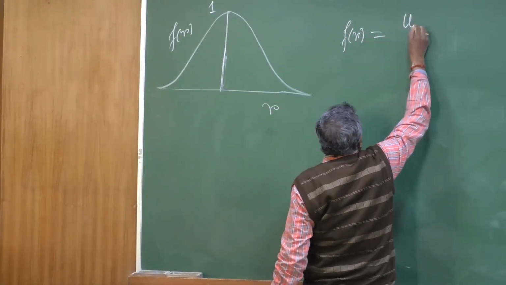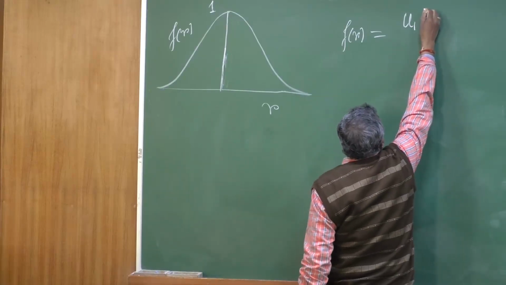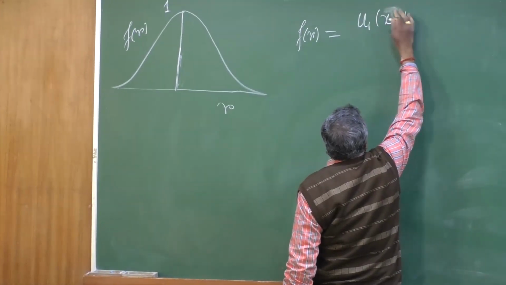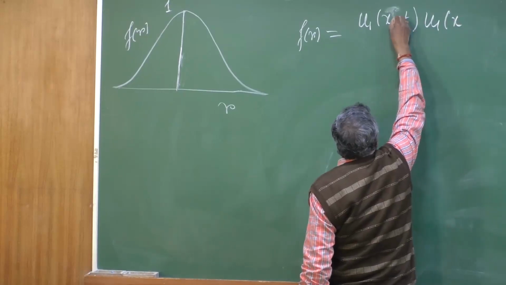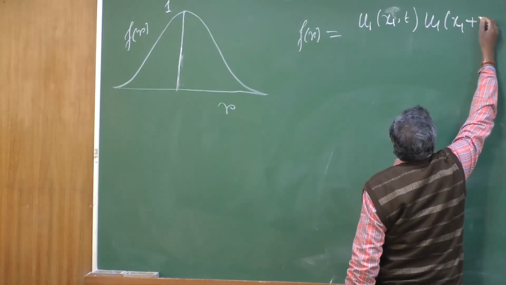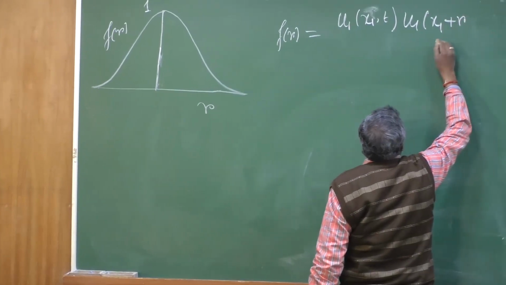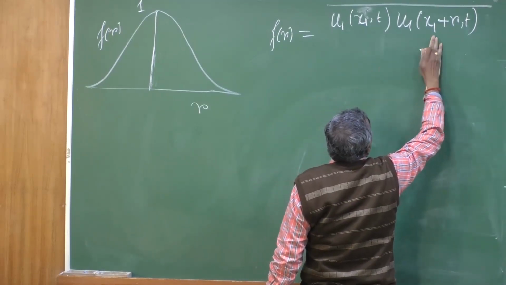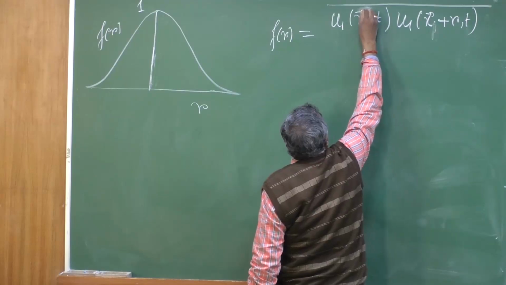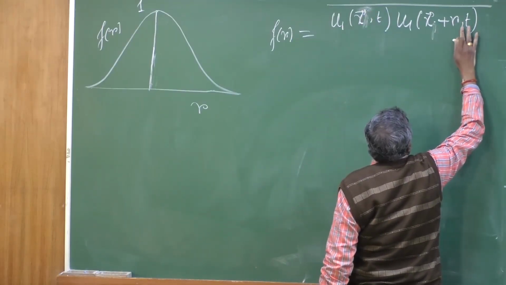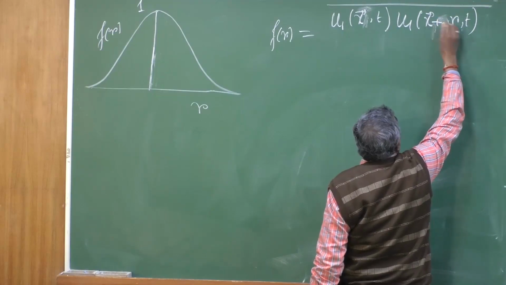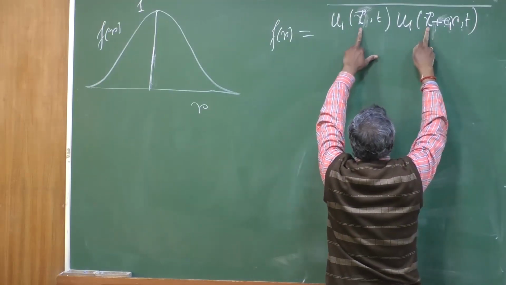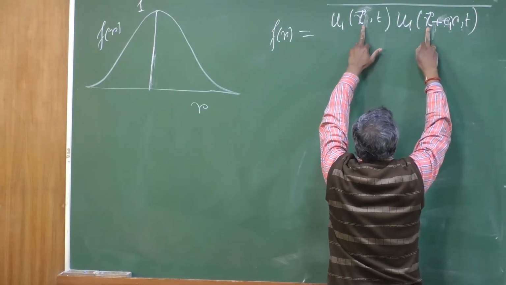The definition of f(r) is the longitudinal correlation. We write u_1(x, t) and u_1(x + r u_1, t), where for the most generalized case we take a vector, and we go in the direction of u_1, because this function is independent of the position.